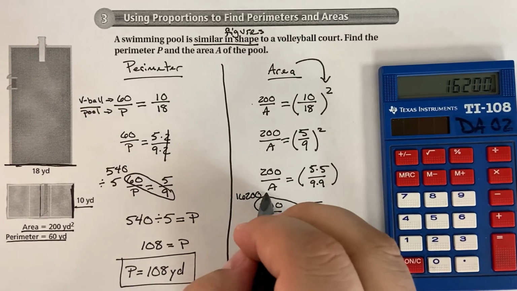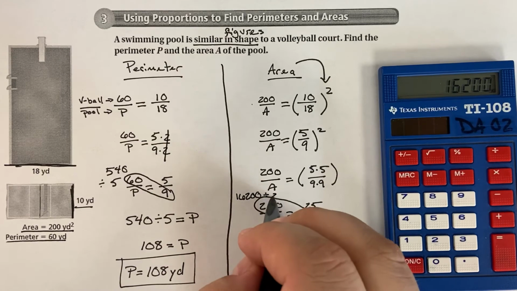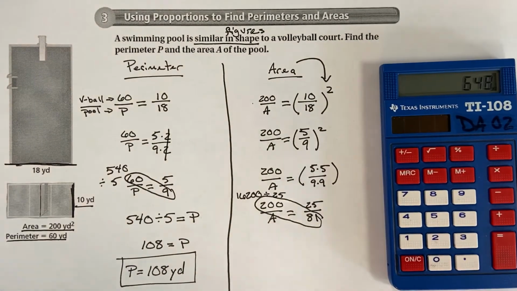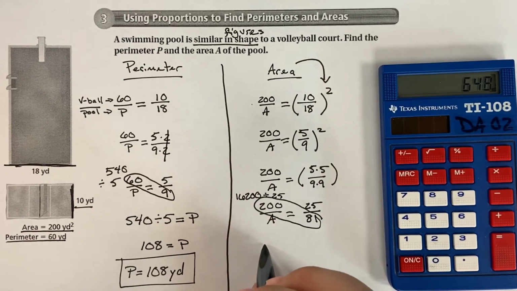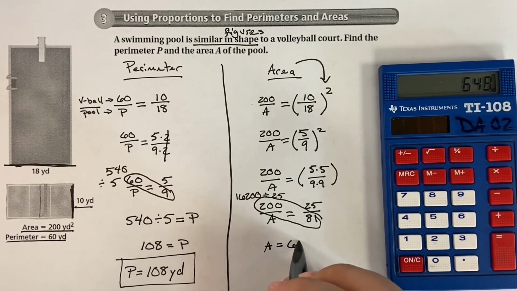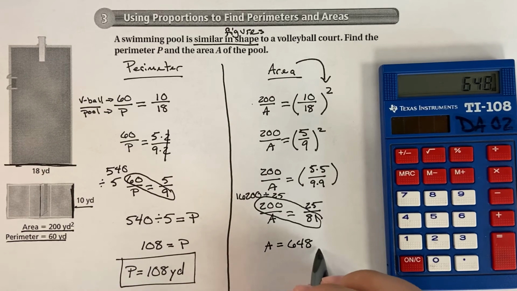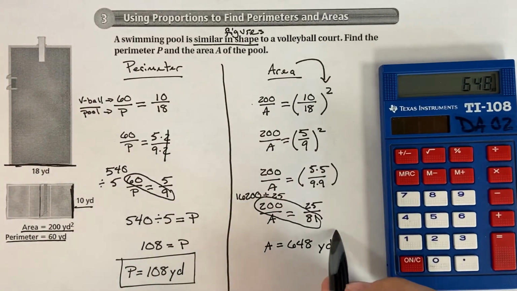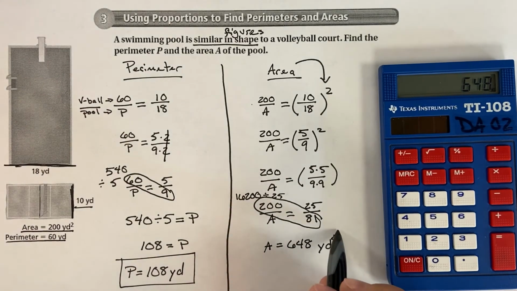And then I'm going to divide by what's left, and that's 25. So divide by 25 is 648. So my area is equal to 648 yards.